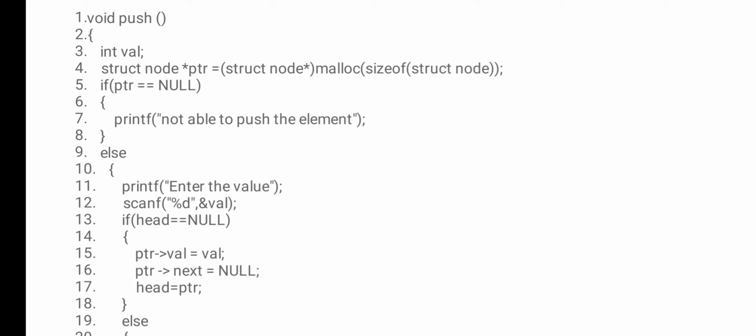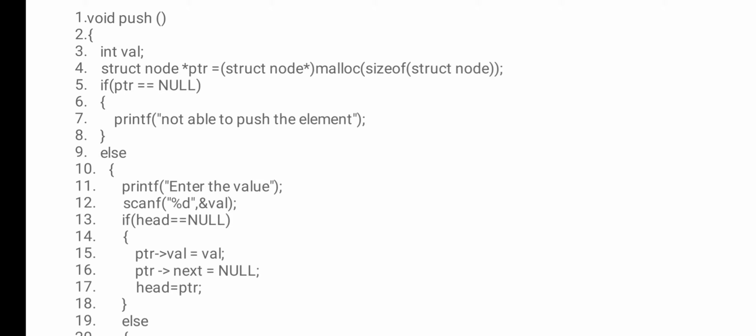See, this fourth line represents allocation of memory dynamically. Struct node star ptr means pointer variable is equal to struct node malloc. I already told you that is the function which is always used to allocate memory dynamically.